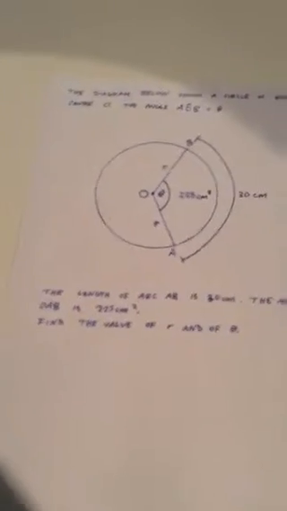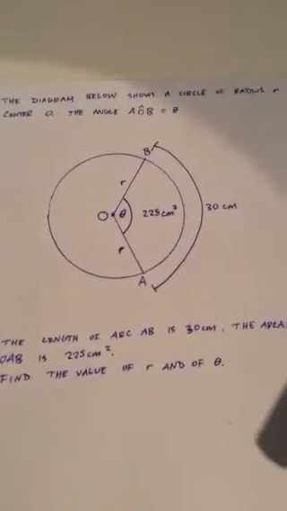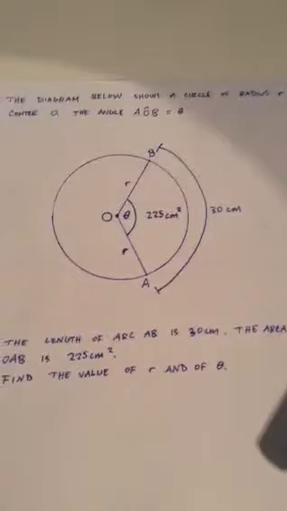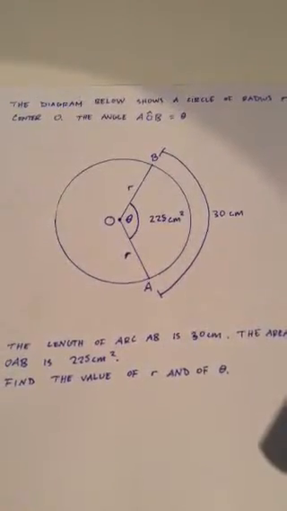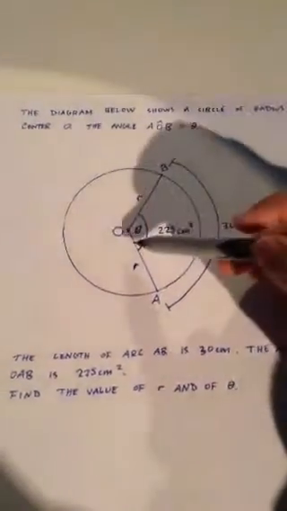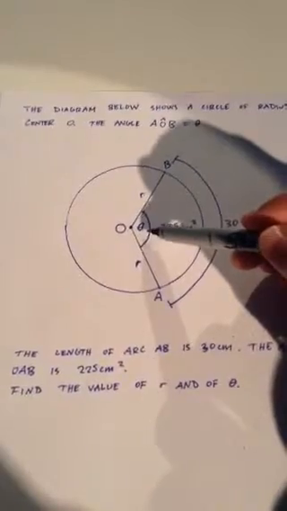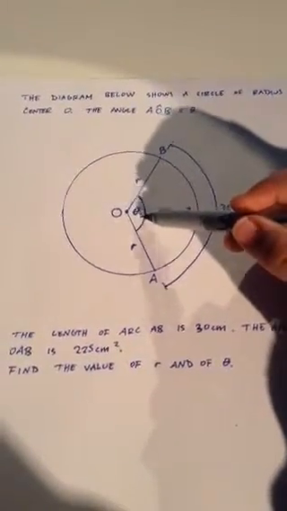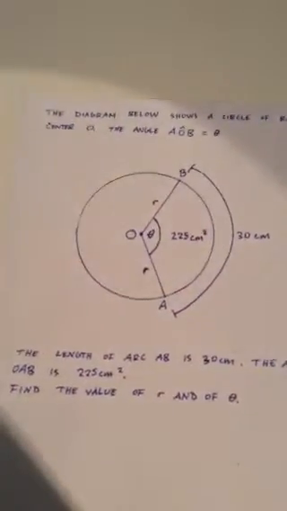So our last problem, the diagram below shows a circle of radius r and center O. The angle is AOB, and you don't have either the theta or the radius. So for this problem, we'd have to start with the equations and do a little bit of algebra here.